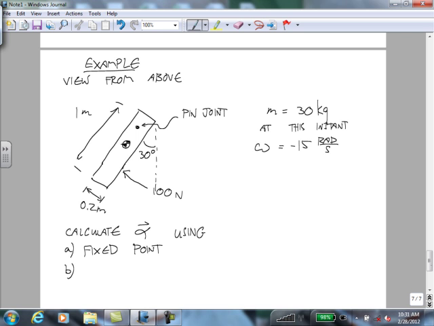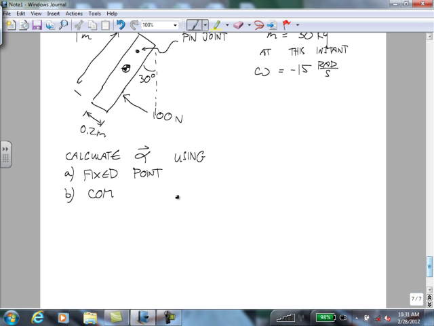And it's also fixed in our coordinate system, the coordinate system we're going to choose. And then we're also going to calculate it using our about point as the center of mass. Any questions about this problem?